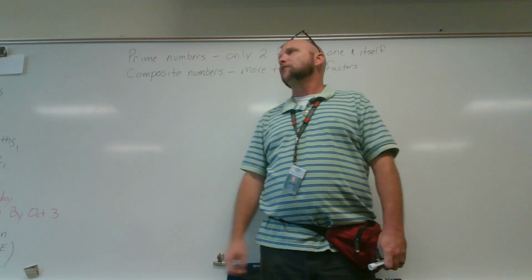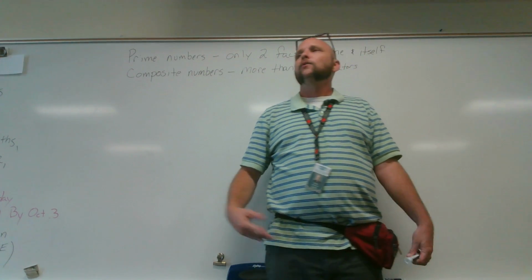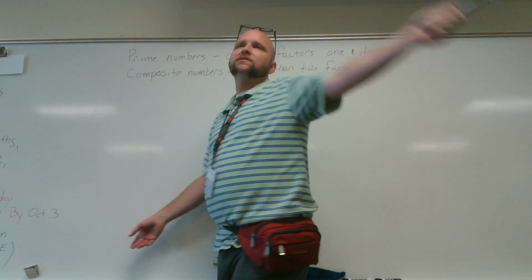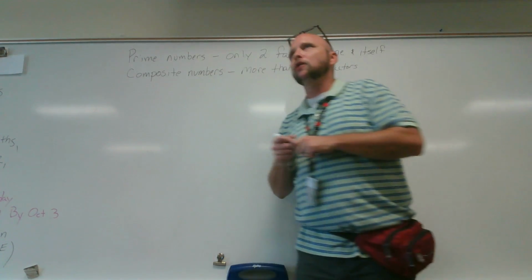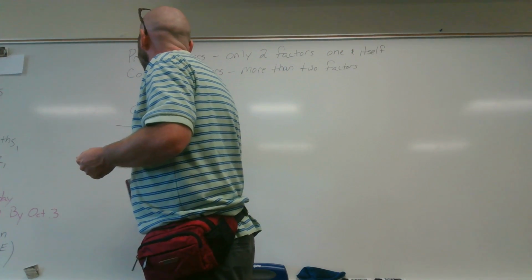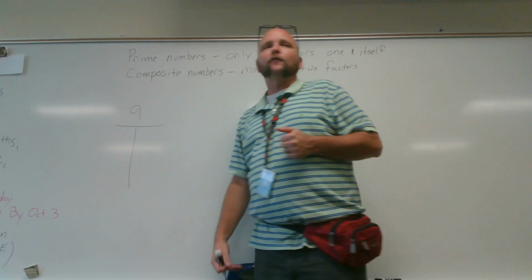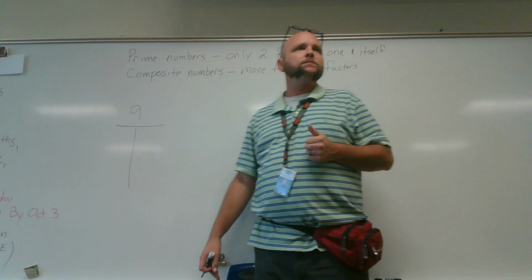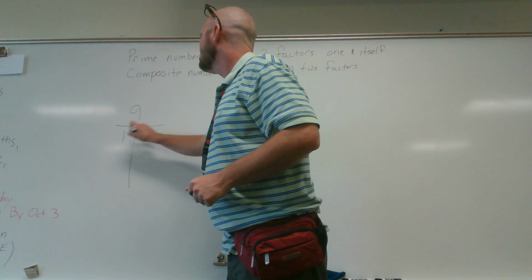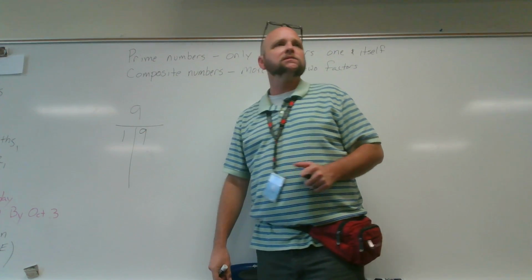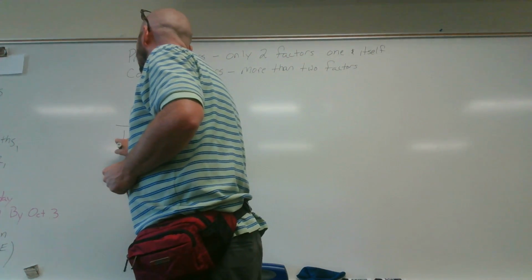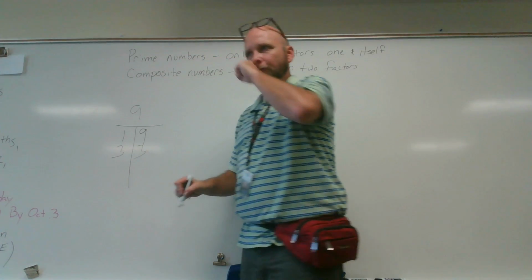So let's look at some other numbers and decide whether they're prime or composite. Let's try 9. Let's start easy. What are different ways I can multiply together to equal 9? Excellent, Scarlett. 1 times 9. Anything else? Jesse? 3 times 3.